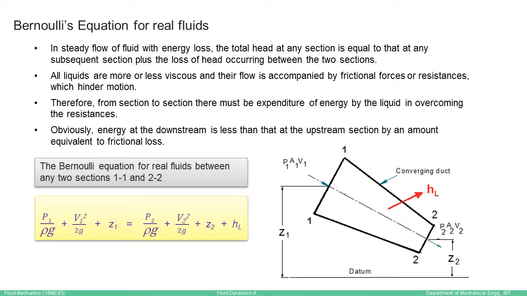You can rewrite this equation as E1 is equal to E2 plus HL, where E1 is the total energy at section 1 and E2 is the total energy at section 2 and HL is, I repeat, the loss of energy head between the two sections.